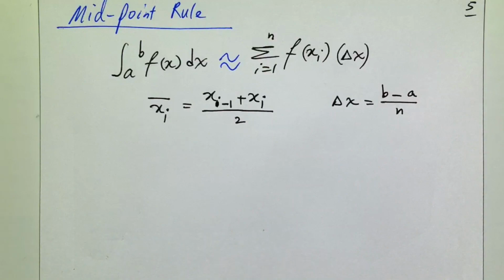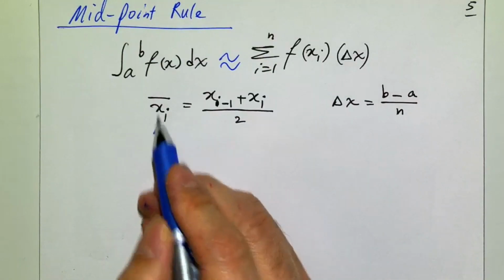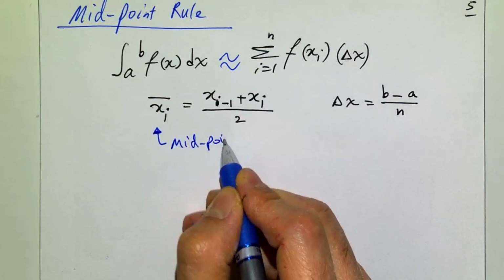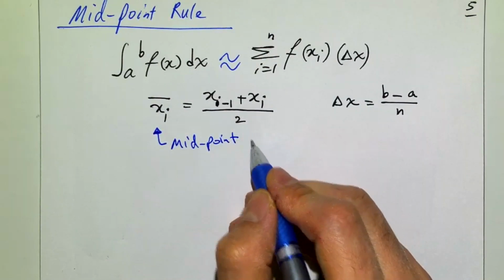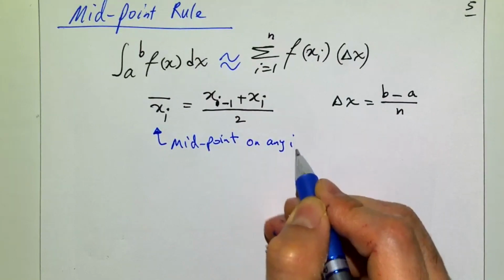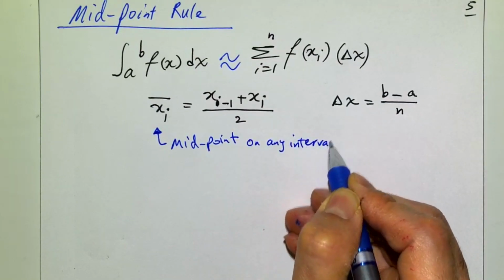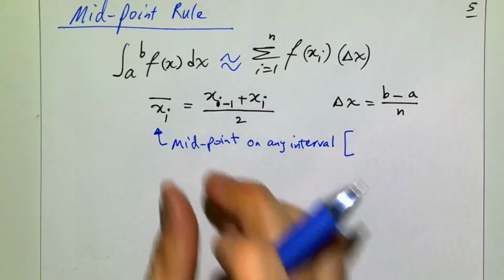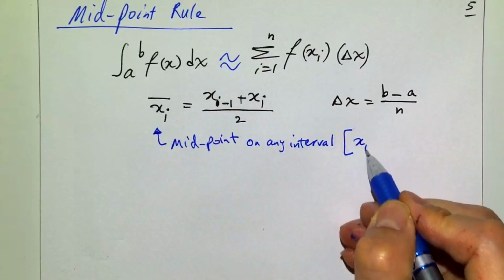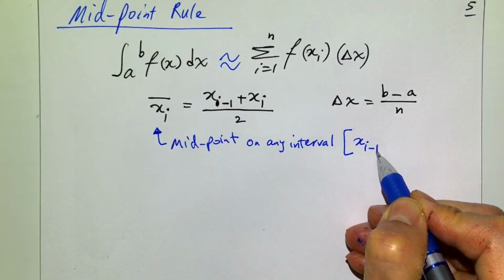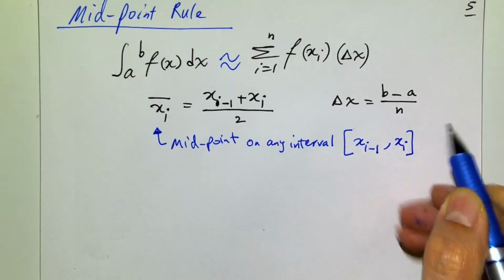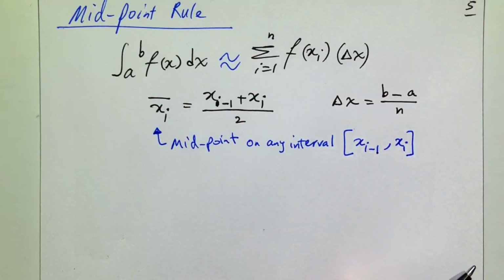Then xi with a bar on top represents the midpoint on any interval from xi minus 1 to xi. So these are the smaller intervals, right? Let me actually use this graph that I had.